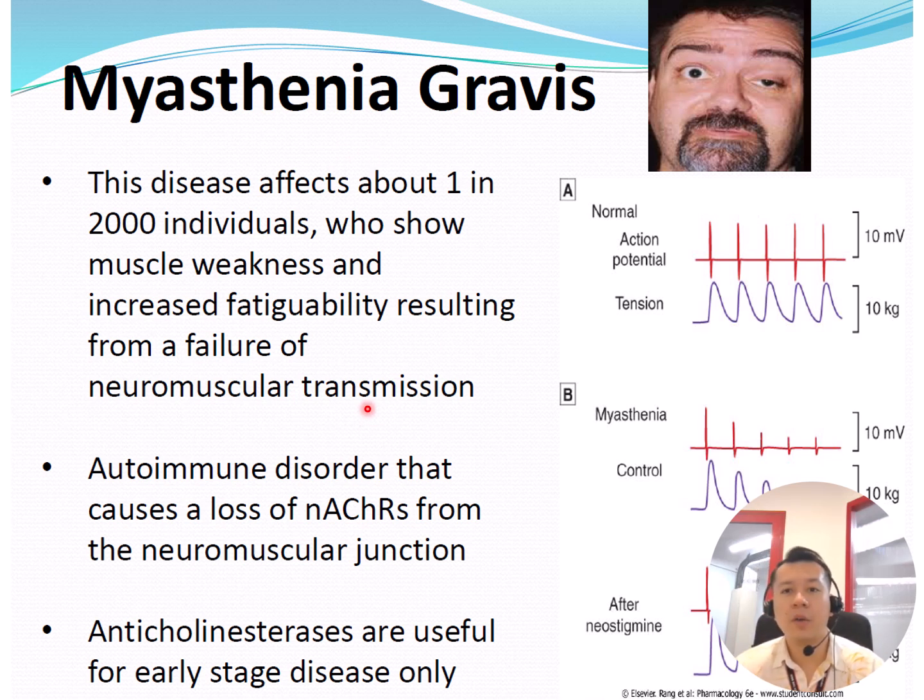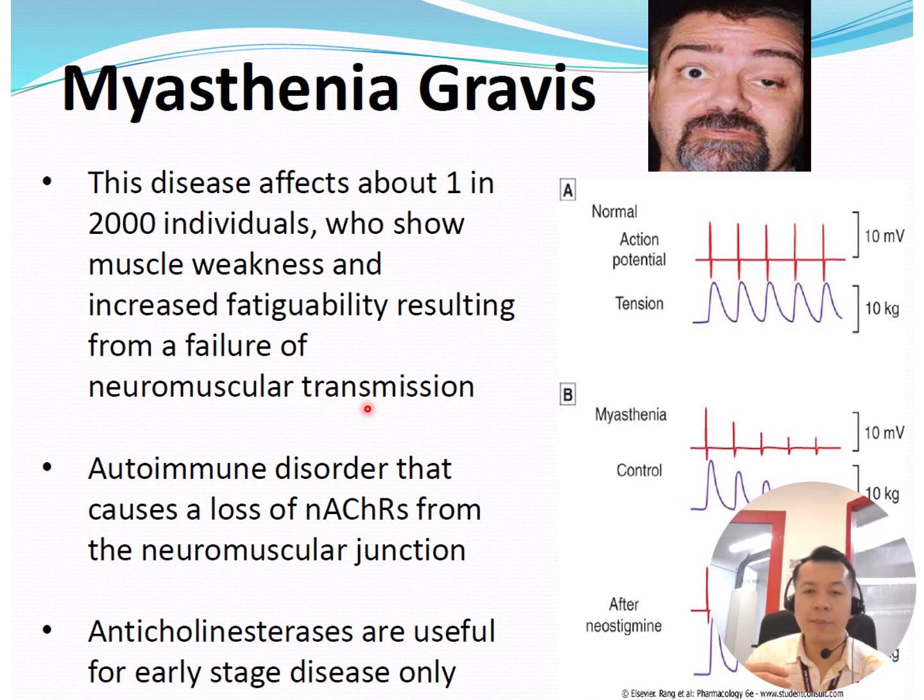If they use these anticholinesterases, they can't fix the underlying autoimmune problem. But they can increase the availability of acetylcholine at the junction.